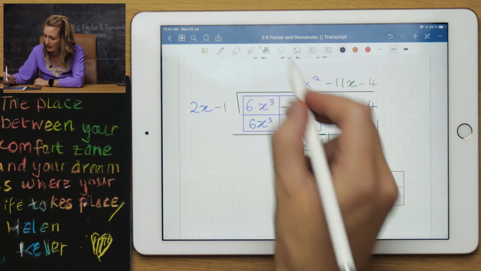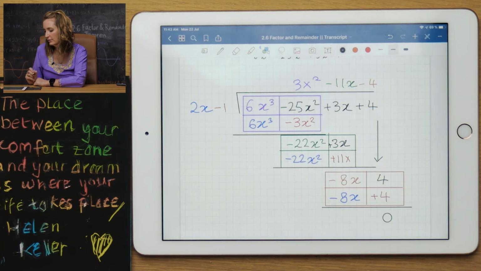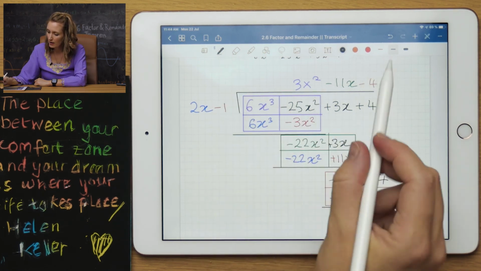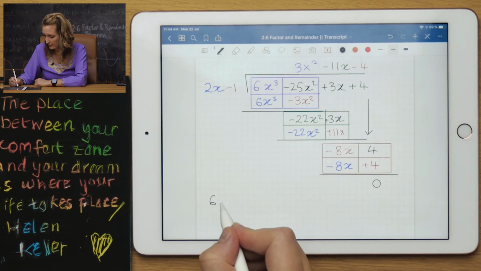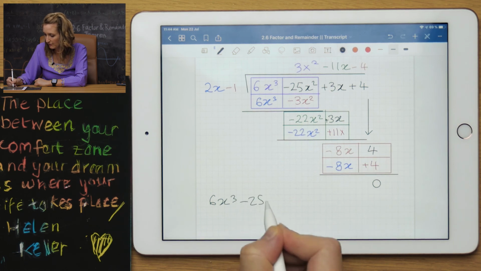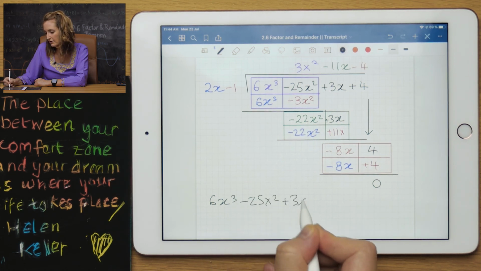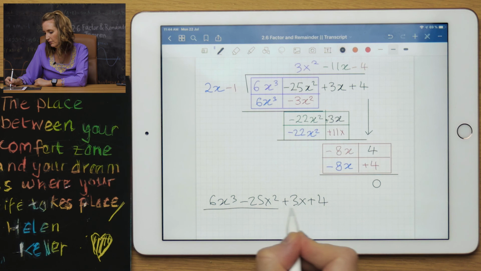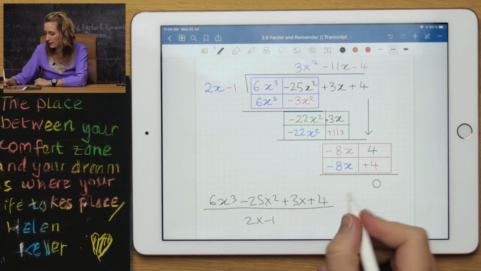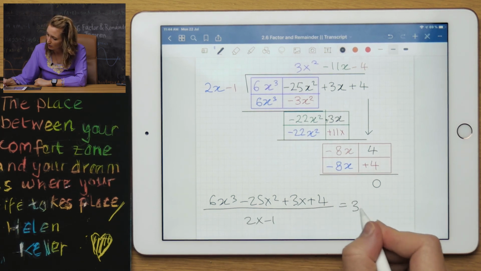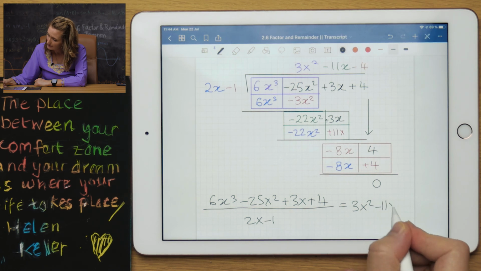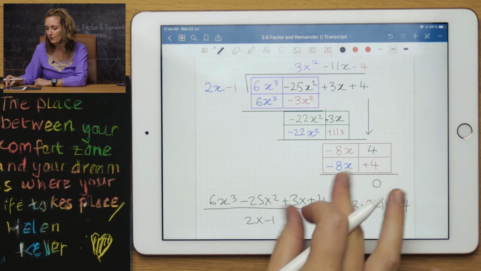And that will leave us a 0 remainder. Final answer, 6x cubed minus 25x squared plus 3x plus 4, when we divide it by 2x minus 1, we got an answer of 3x squared minus 11x minus 4.